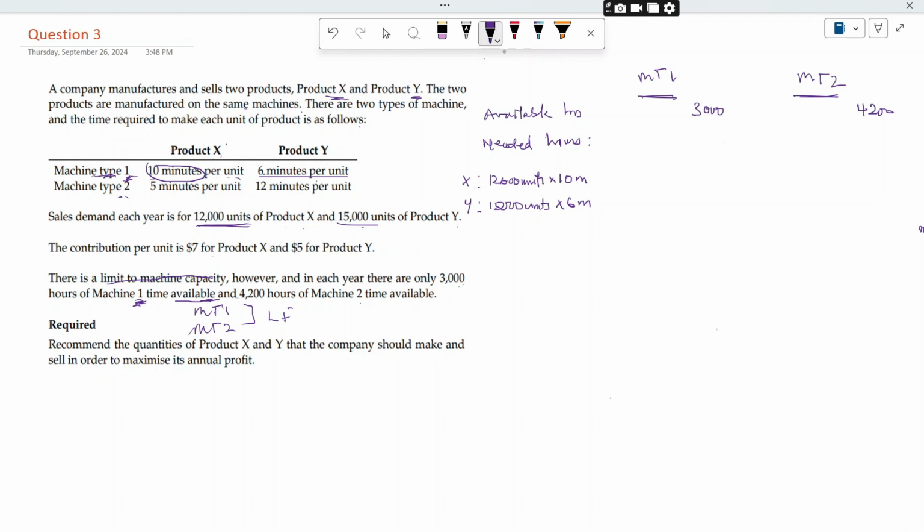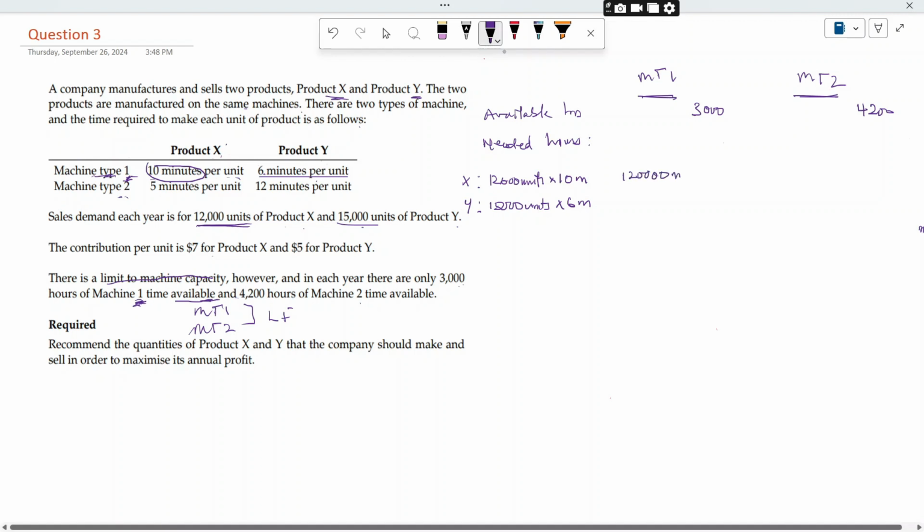Now, when you multiply 12,000 by 10 minutes, you are going to get 120,000 minutes. And 15,000 times 6 is going to give us 90,000 minutes. But remember, the 3,000 is in hours as well as the 4,200. But here, what we have computed is in minutes.